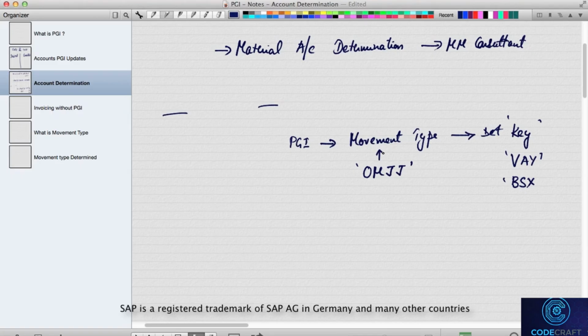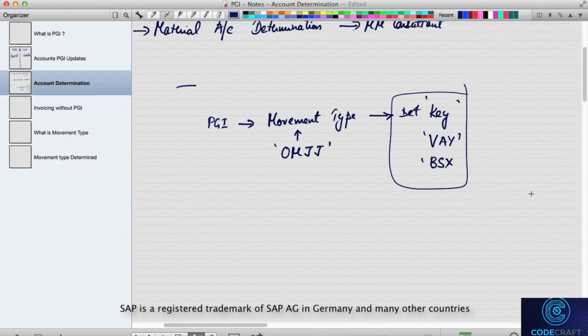So go to OMJJ, select movement types, and then you'll see a whole bunch of movement types, 101 all the way through a very big number, 999. And that defines what is called a key. And this key, VAY, BSX, is used to identify the kind of transaction or the type of transaction.